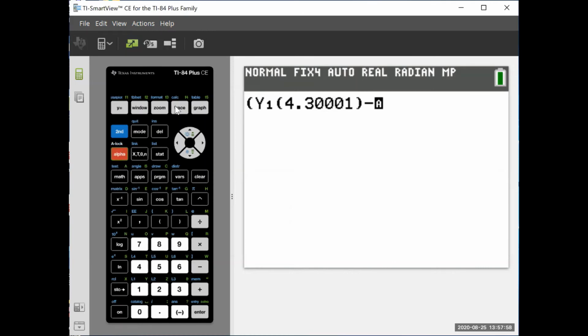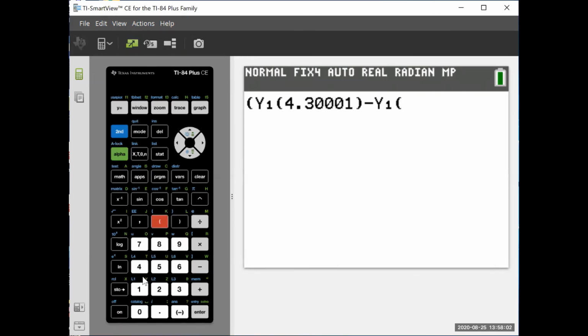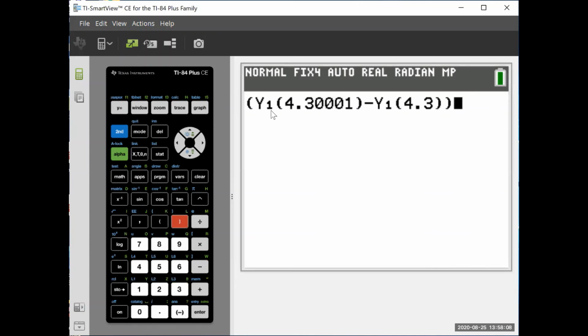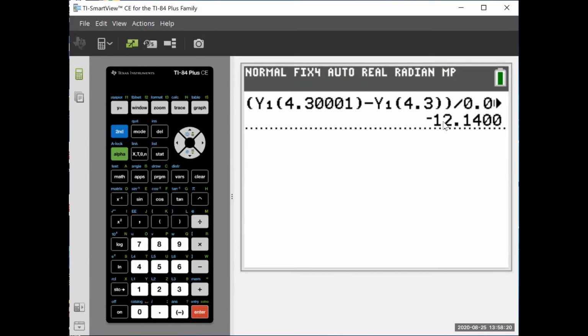So alpha, trace, y1, here we need 4.3, close the parenthesis, so that is the end of the numerator. Then we divide that by the denominator, which is h, or 0.00001, and hit enter. I got negative 12.14.